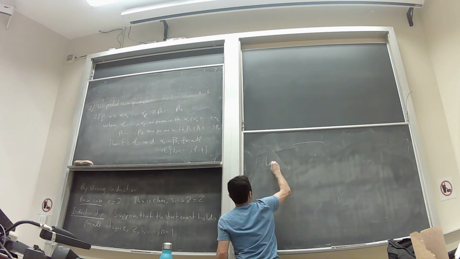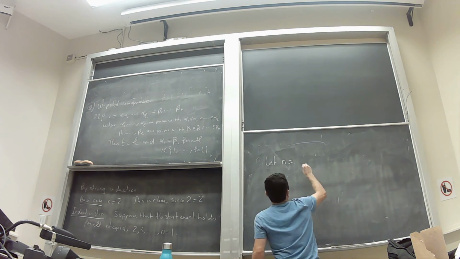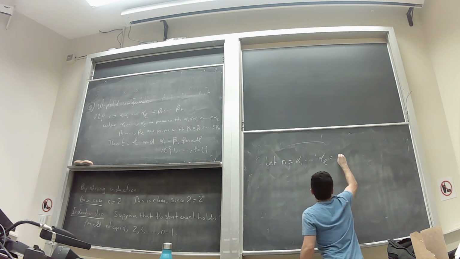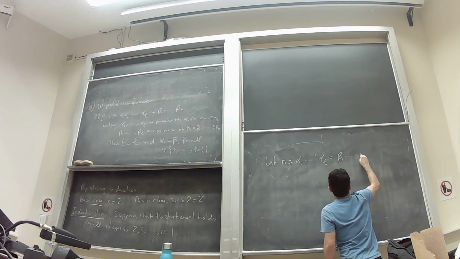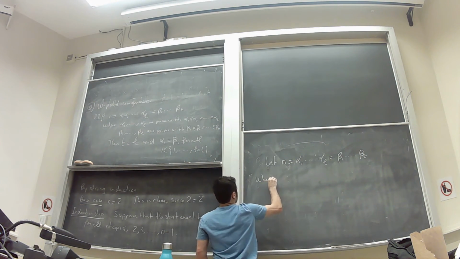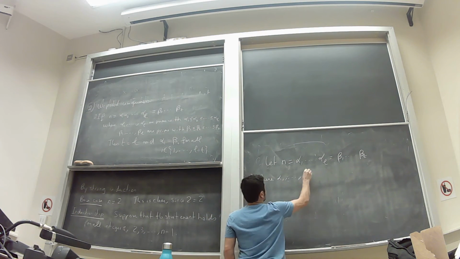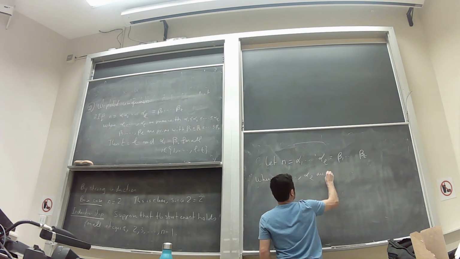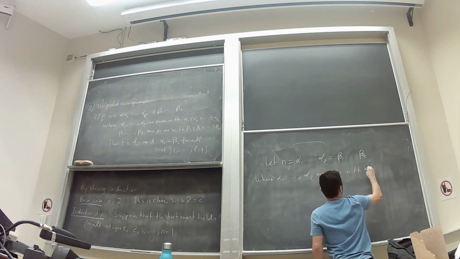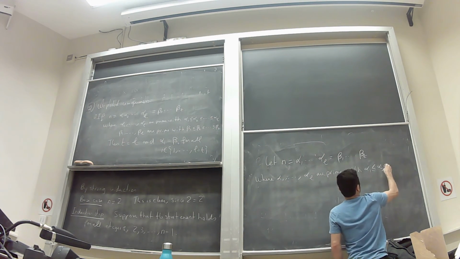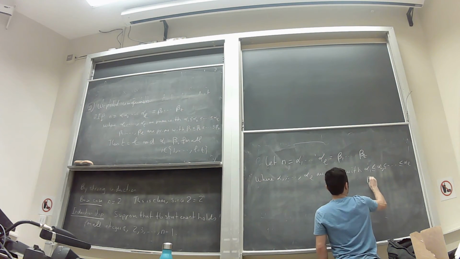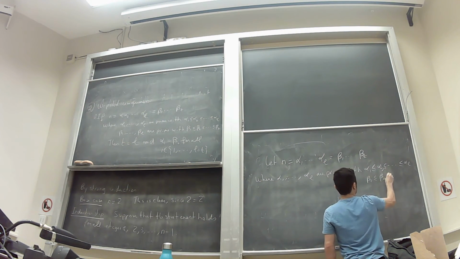Let n be equal to alpha 1 up to alpha L, equal to beta 1 up to beta t, where alpha 1 up to alpha L are prime, with alpha 1 less or equal to alpha 2 less or equal to alpha L, and the betas are prime.